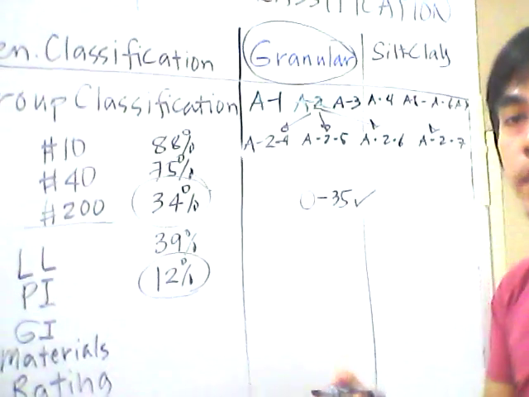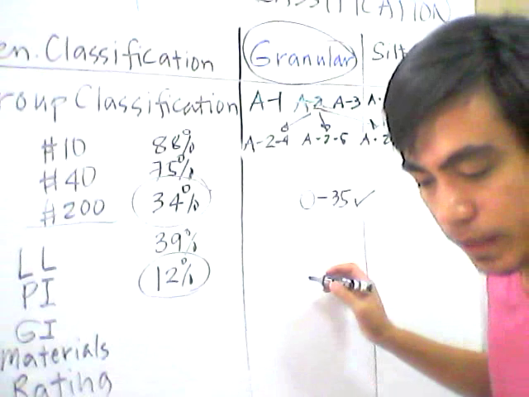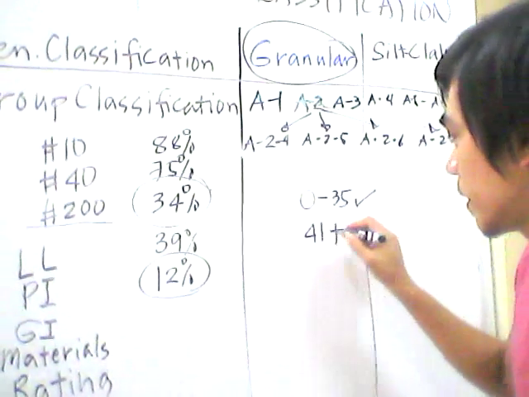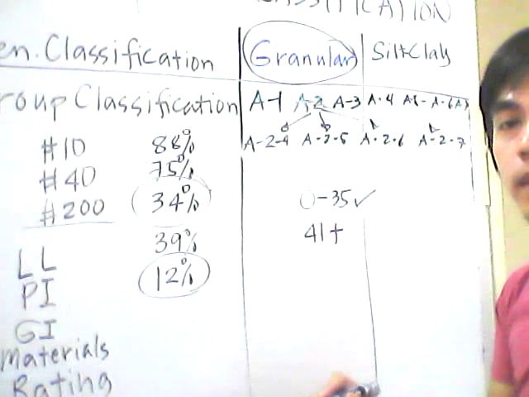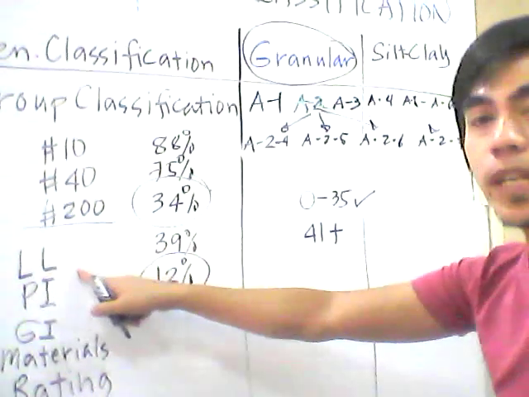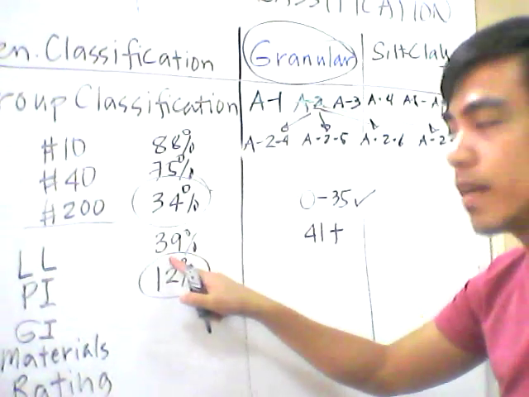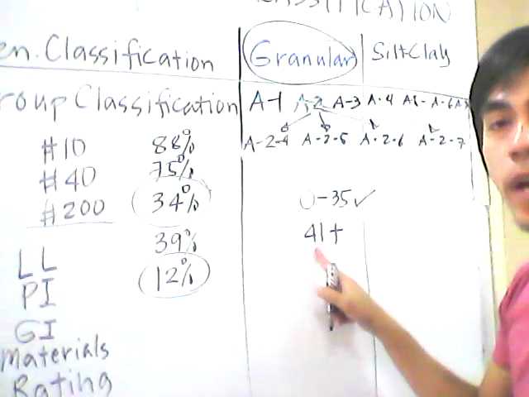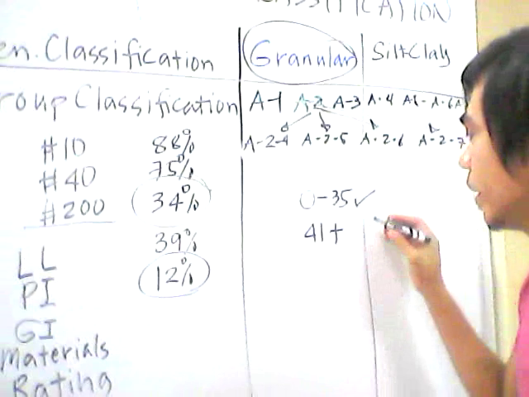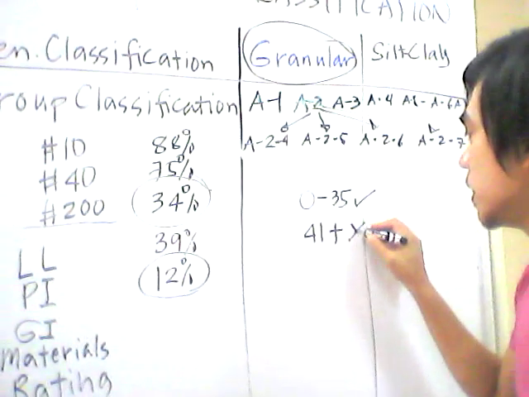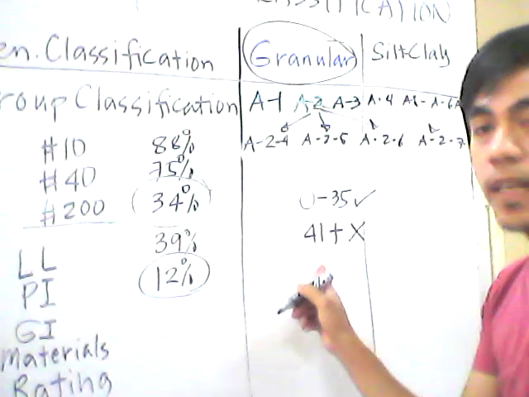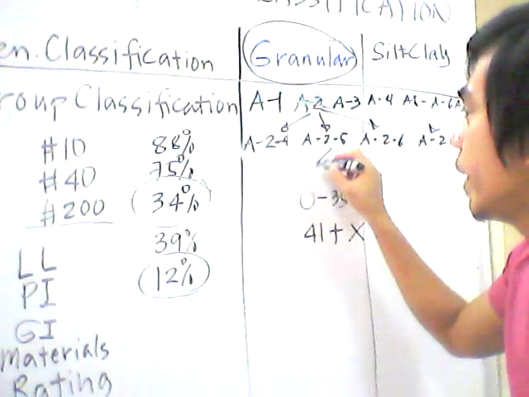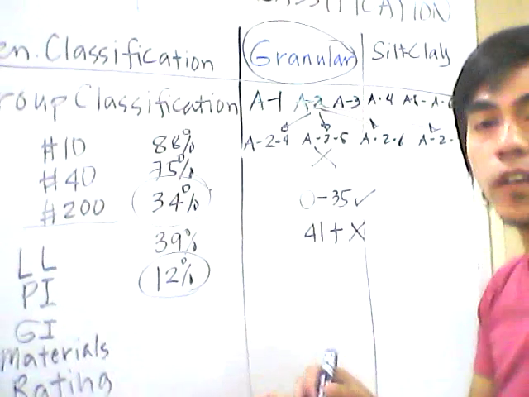Let's check the liquid limit requirement. The liquid limit requirement for A-2-5 is 41 plus. Okay, let's check. The liquid limit of our sample is 39%. AASHTO requires to have 41% and up. Therefore, this is not satisfied. And therefore, we eliminated the group classification of A-2-5.